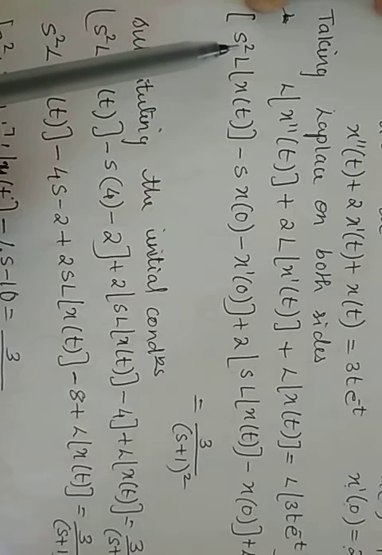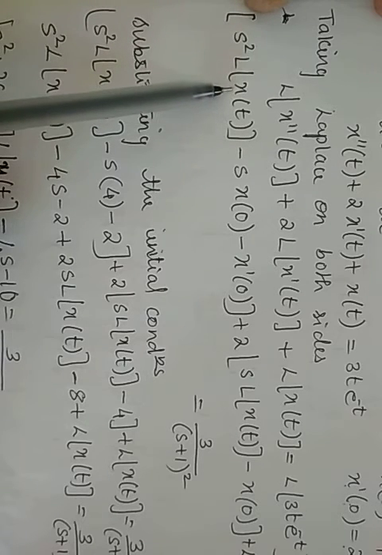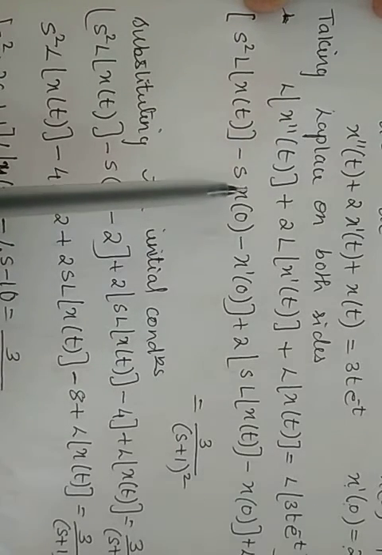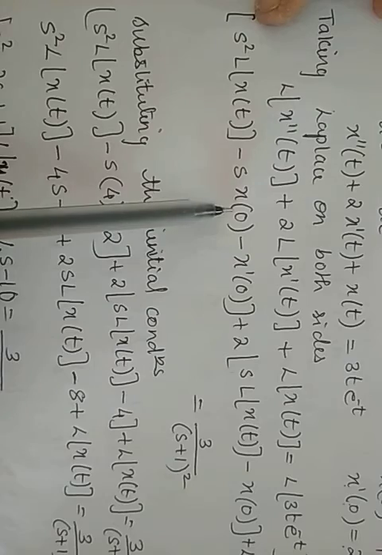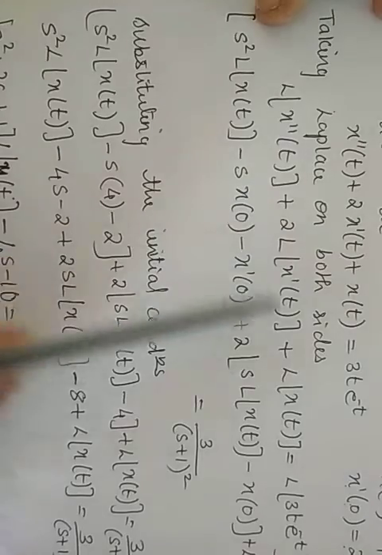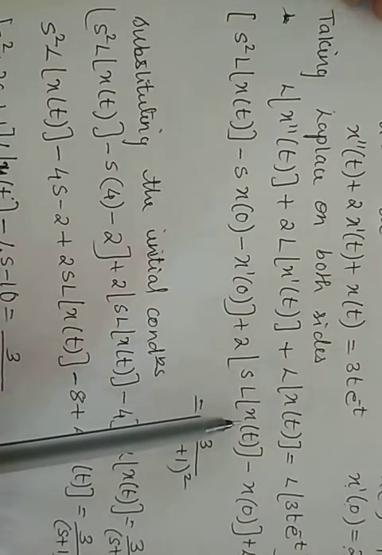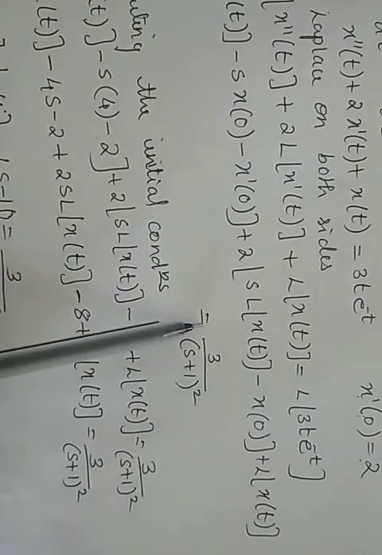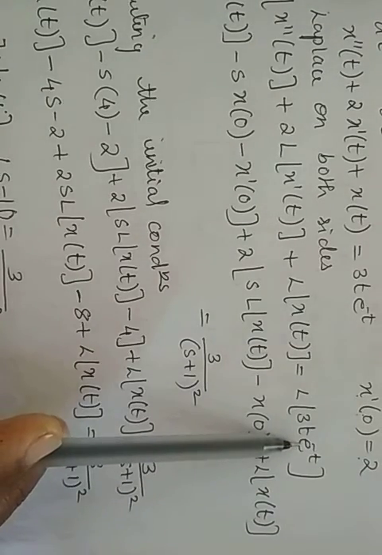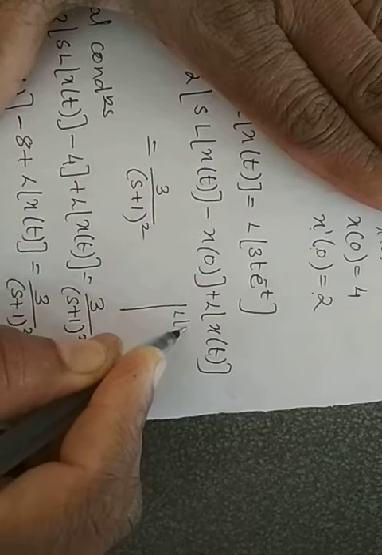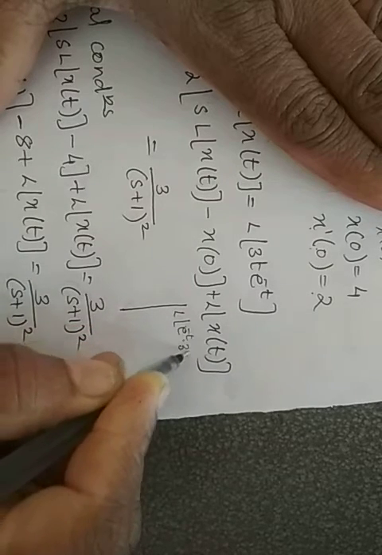So this becomes s square into Laplace transform of x of t minus s times x of 0 minus x dash of 0, plus 2 into s into Laplace transform of x of t minus x of 0, plus Laplace transform of x of t is equal to Laplace transform of e raised to minus t into 3t.